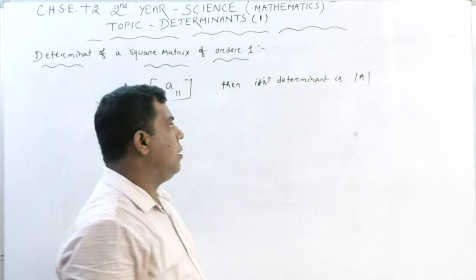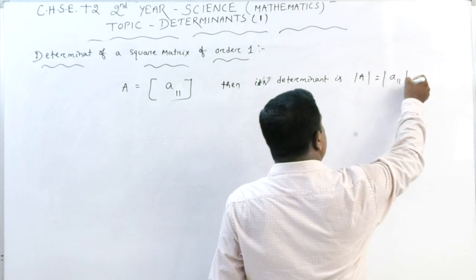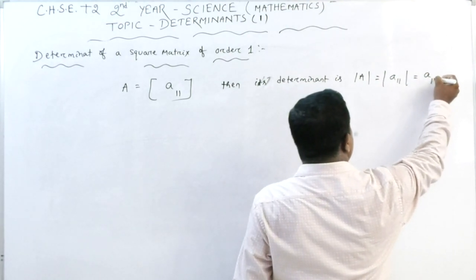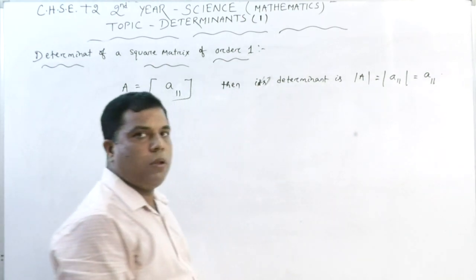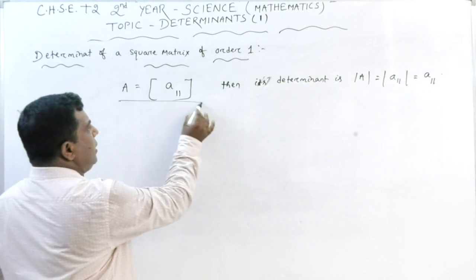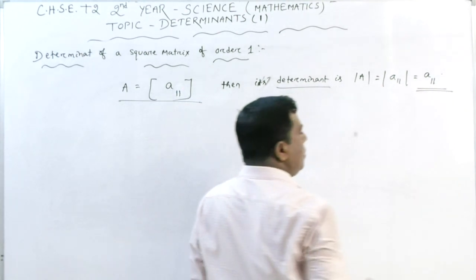And what does it mean? It means like this one. And what is the value of this unique number? This is equal to only A11. So if this is the matrix, then the determinant is this one.